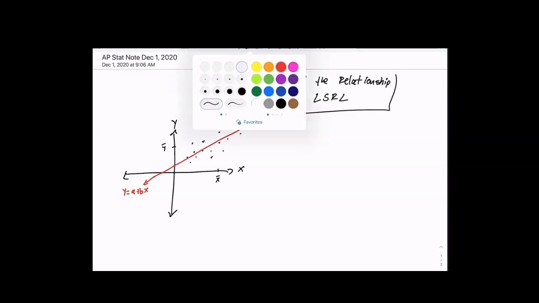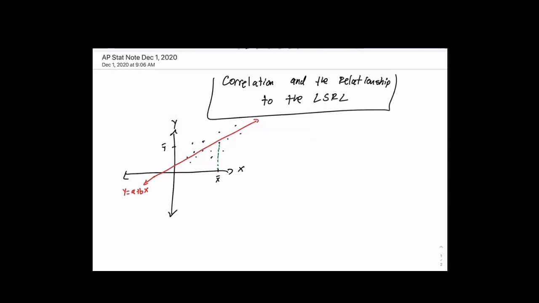It should be noted here that the mean of x and the mean of y is always a coordinate that the regression line goes through. So the least squares regression line always goes through x bar, y bar, even if it's not an actual data point.